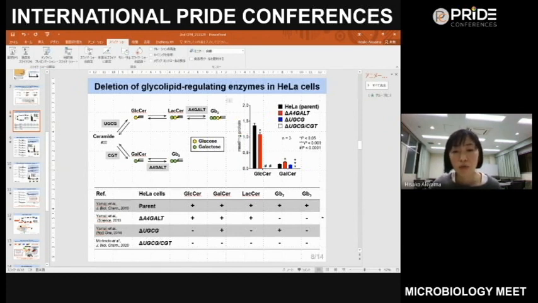This table shows the predicted expression patterns of glucosylceramide, galactosylceramide, lactosylceramide, GB2, and GB3. Here are the results for glucosylceramide and galactosylceramide, and they were consistent with the predicted expression patterns.